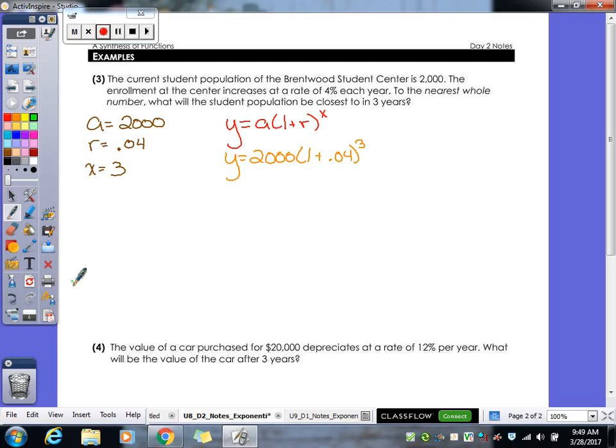Again, we'll add the stuff in our parentheses first, which would give us a 1.04 inside of our parentheses. And then go ahead and type it in. 2,000 parentheses 1.04 to the third.